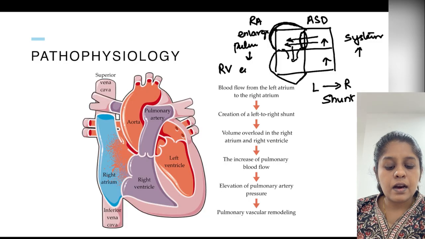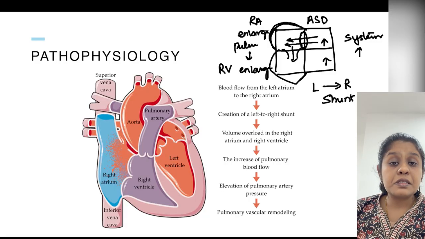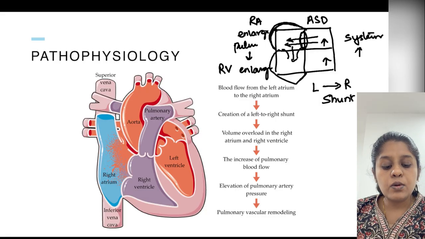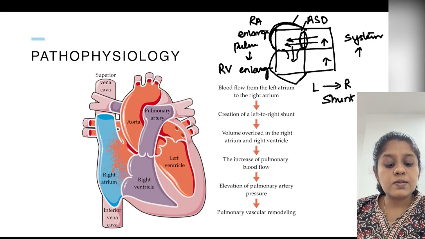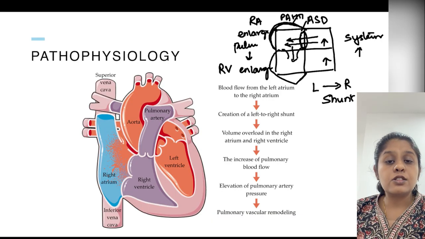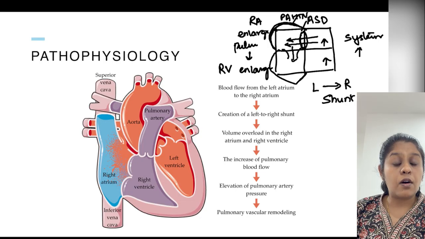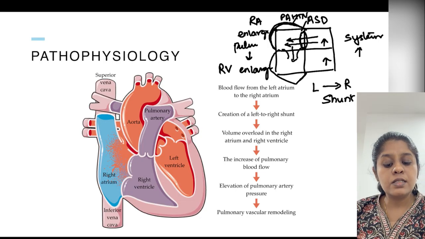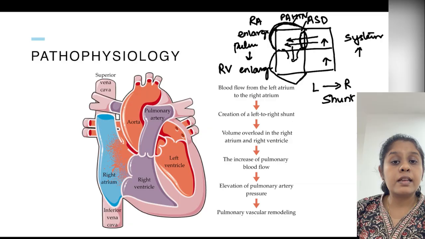Because of excessive flow of blood in the RA and RV, there will be more flow of blood through the pulmonary arteries. This will cause pulmonary artery hypertension. So the consequences of this left to right shunt include RA enlargement, RV enlargement, tricuspid regurgitation, and pulmonary artery hypertension.